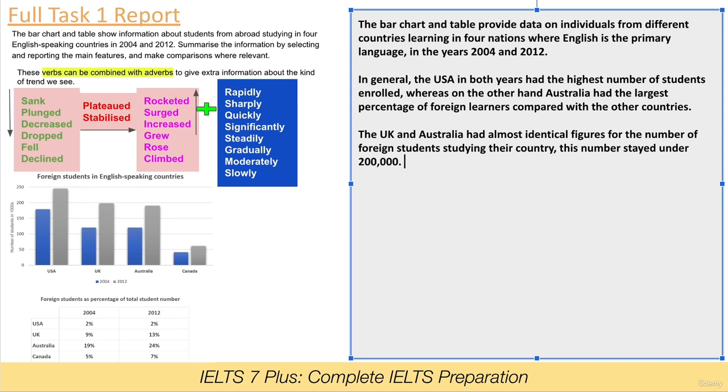Okay, so let's talk about 2004, and we have an increment of 50,000. So this is maybe about 120,000, and they look to be the same number here. So in 2004, in fact, they both had 120,000 students within their education system.